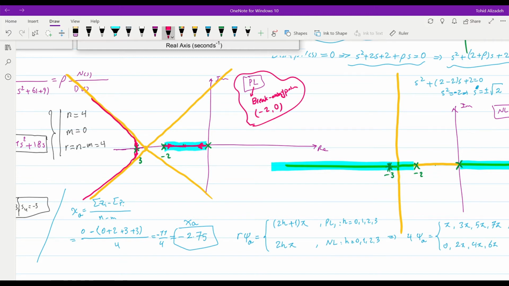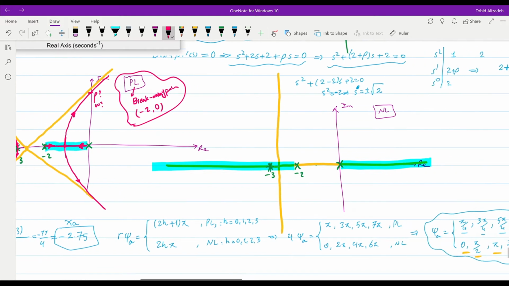And I think now you can imagine that for the branches originating from the poles at 0 and -2, when they meet, they will depart the real axis. We will find out the exact location. And then they will move towards infinity using these two asymptotes that we have drawn. So we have kind of completed the Root-Locus. We just need to determine the exact location for the breakaway point and possibly the value that we have here for rho and also for omega.